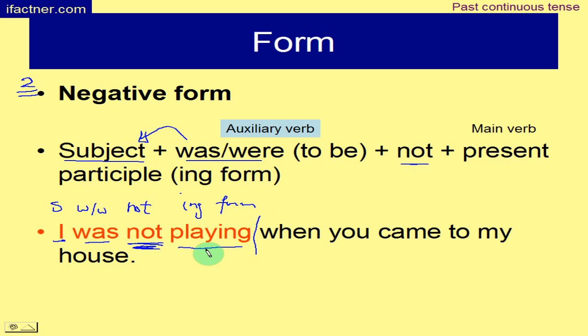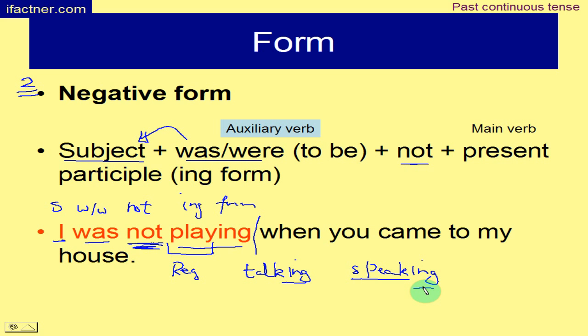Play, and we add ing, so it's playing. Remember that play is a regular verb. Just like talk, we just add ing in the end and it becomes talking. And similarly we have speak. So with the regular verb we just add ing in the end and we have the ing form.